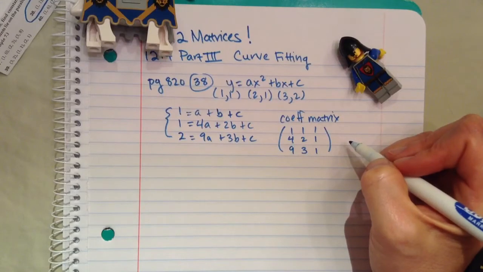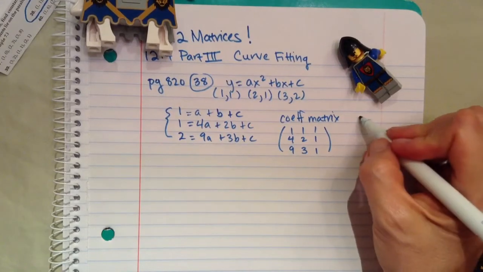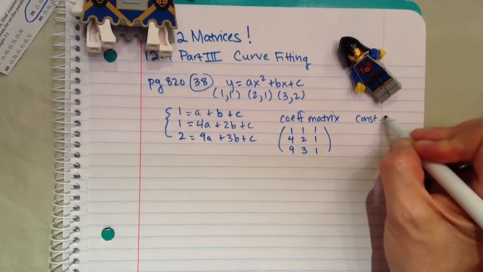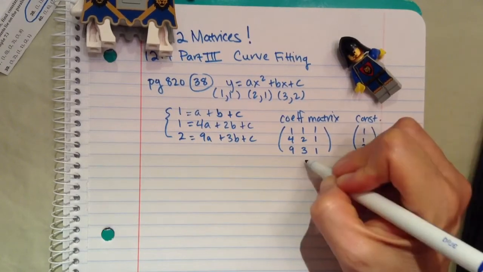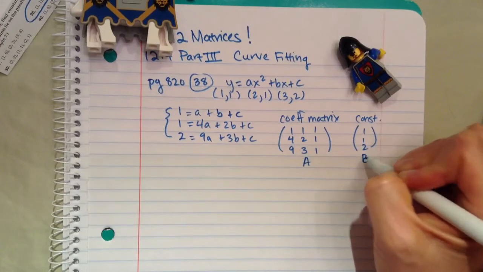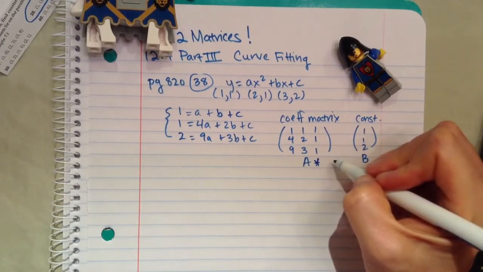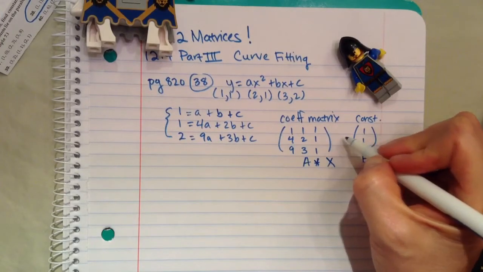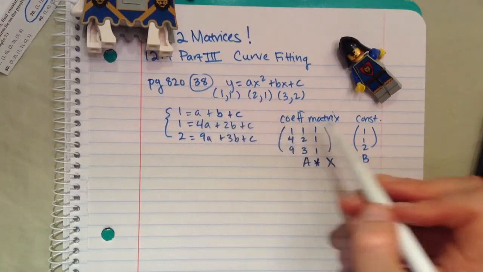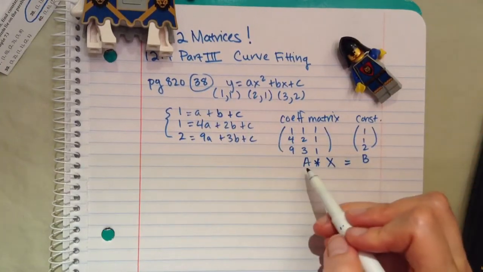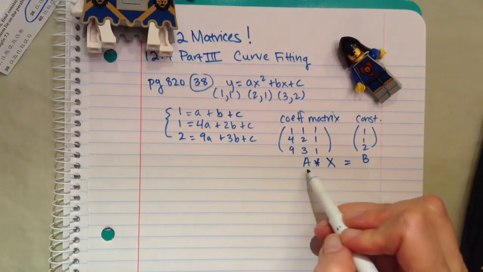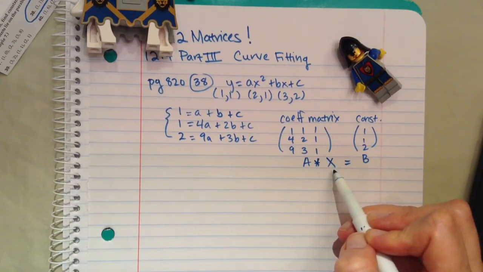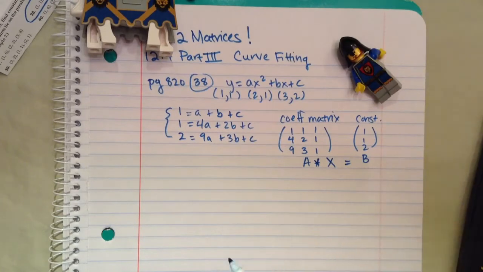And our constants matrix is 1, 1, 2. And that's our A and that's our B. And remember, we're trying to find the X matrix, which will hold the values of a, b, and c, so that coefficients times the solutions equals the constants.